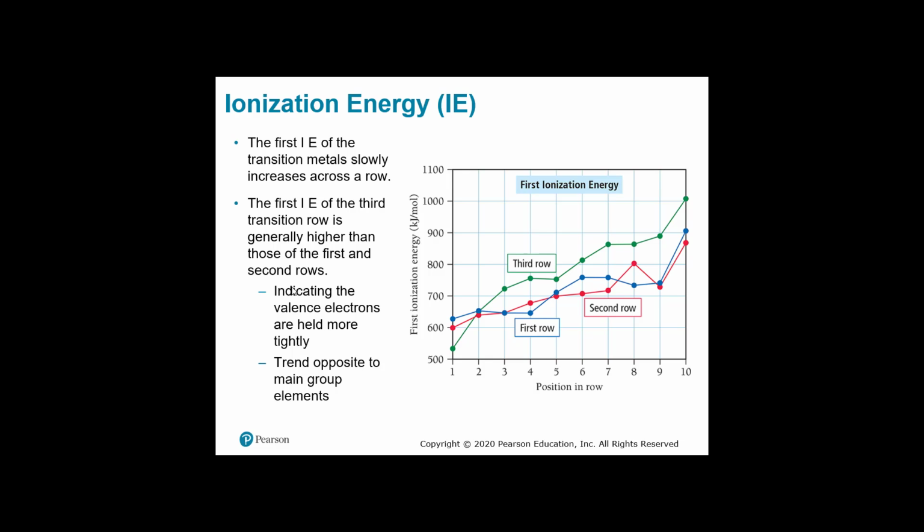So if you think of group 1 and group 2 metals, it's easier to remove those as you go down, like if we're looking at period 6 compared to period 5, and that has to do with also the levels. But in this case, we're looking at the third row, and it actually takes more energy to remove an electron than from the second and the first row. If you consider group 1 and 2 metals, like sodium and lithium, as you go down, it's easier to remove them because they get bigger and bigger.